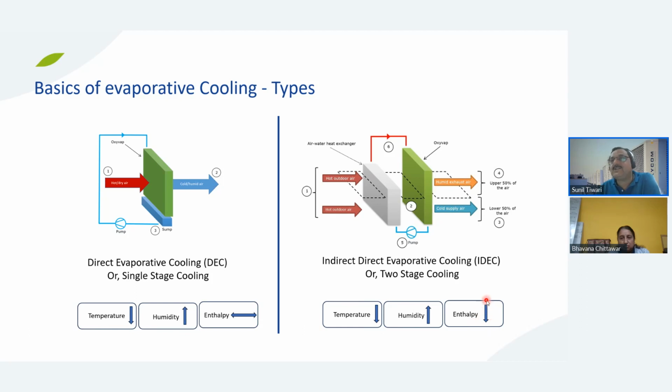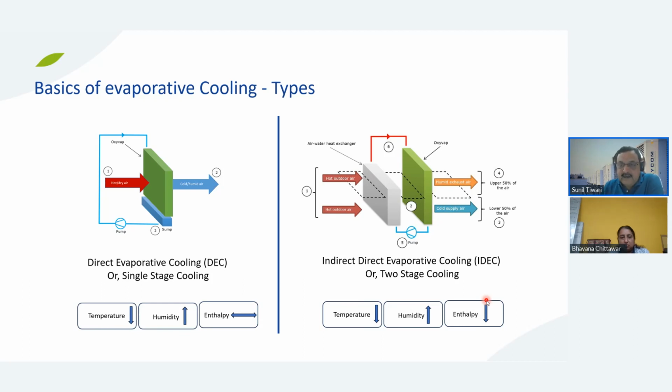So what you have done, essentially, you have taken out some amount of enthalpy from the air, like the air conditioner does. Not to that extent, but yes, similar to the way an air conditioner does, removing the heat from the air. So that is the difference between direct and indirect evaporative cooling, or single stage or two-stage evaporative cooling.